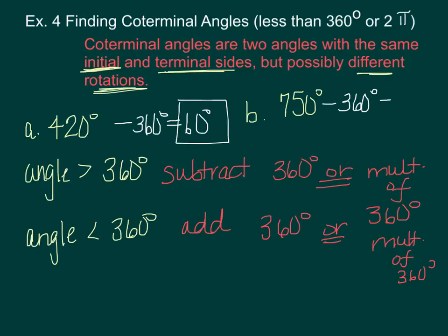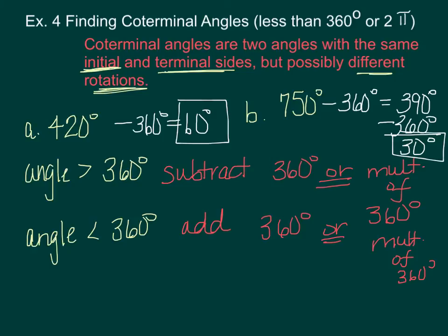And if you notice, you're going to end up with 390. 390 is larger than 360, so you have to do it again. And so 750 and 30 are coterminal.